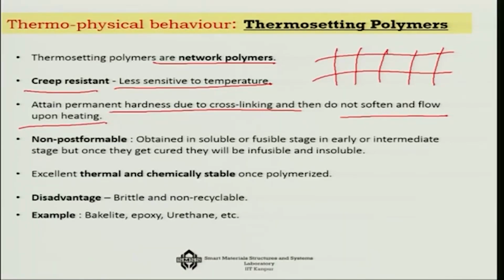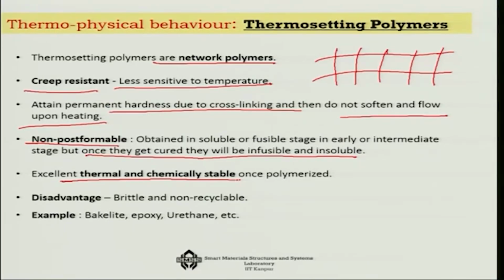But that also means that it is non post-formable. It is obtained in a soluble or fusible stage in the early or intermediate stage, but once it gets cured, it will be infusible and insoluble. As a result, their shelf life is very limited, but the good part is that they have excellent thermal and chemical stability once polymerized.